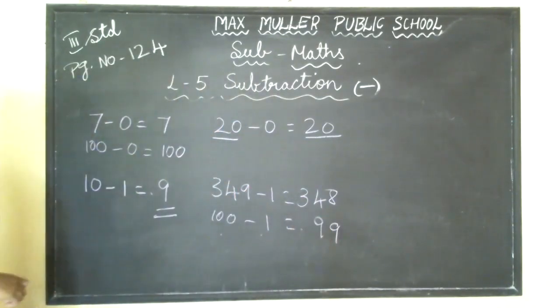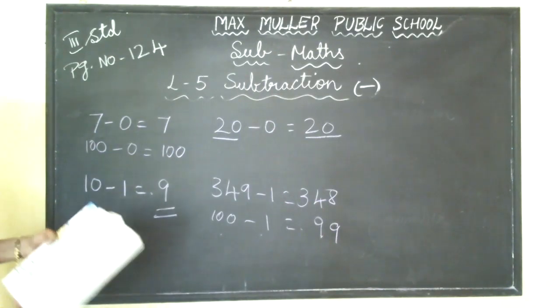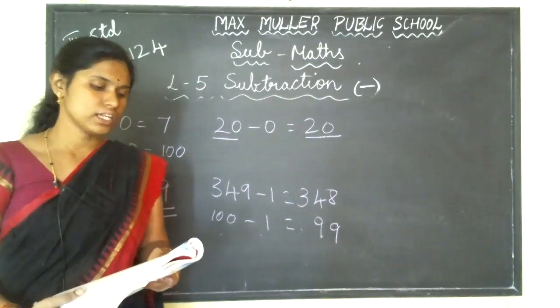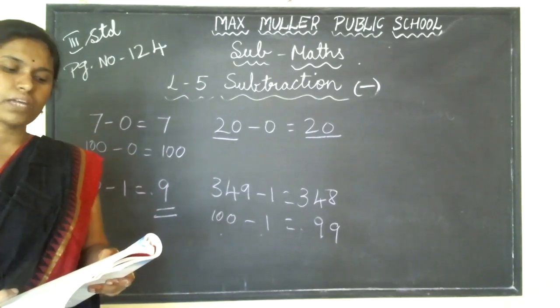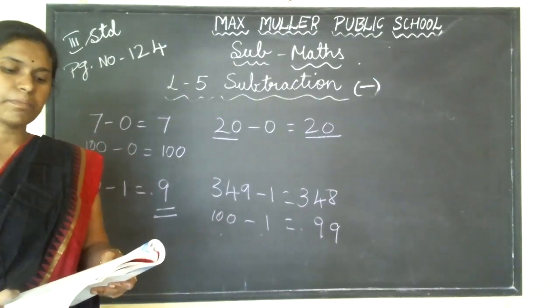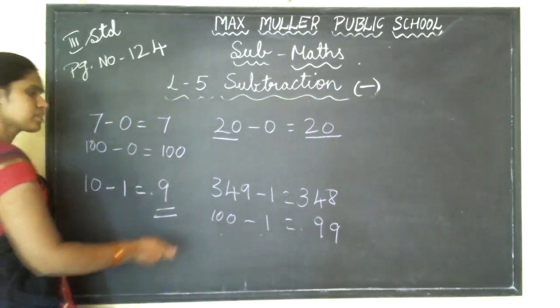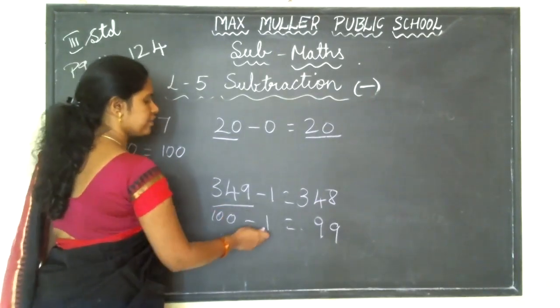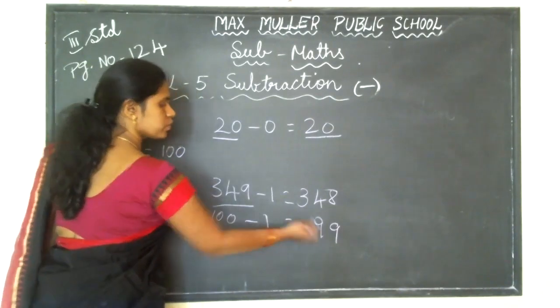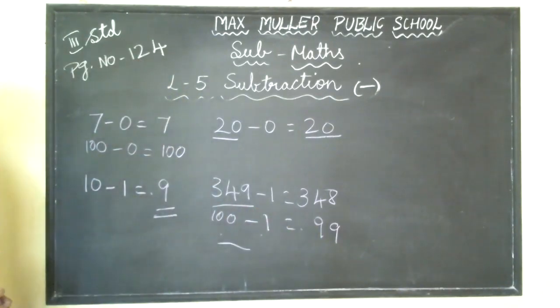So you get the predecessor number. The fourth point: when 1 is subtracted from any number, we get the predecessor of the number. Any number you take, if you minus 1, you will get the predecessor number.